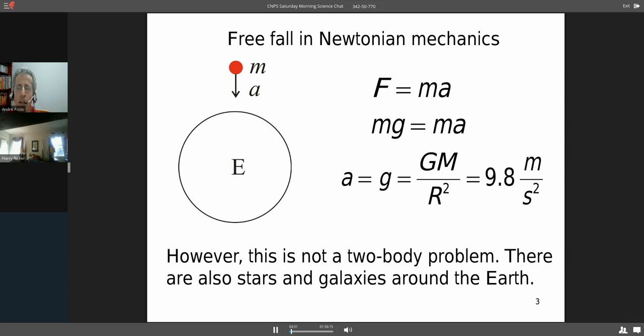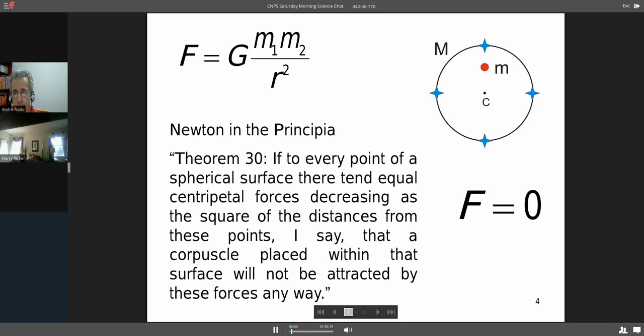What I will present now is the most important theorem which Newton proved in the Principia. This is theorem number 30.